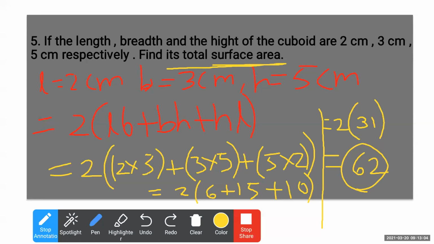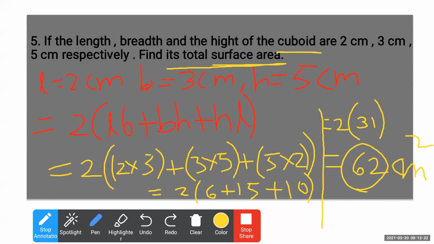So the unit will be 62 centimeter square. Here you will write the final answer: the total surface area of a cuboid is equal to 62 centimeter square.